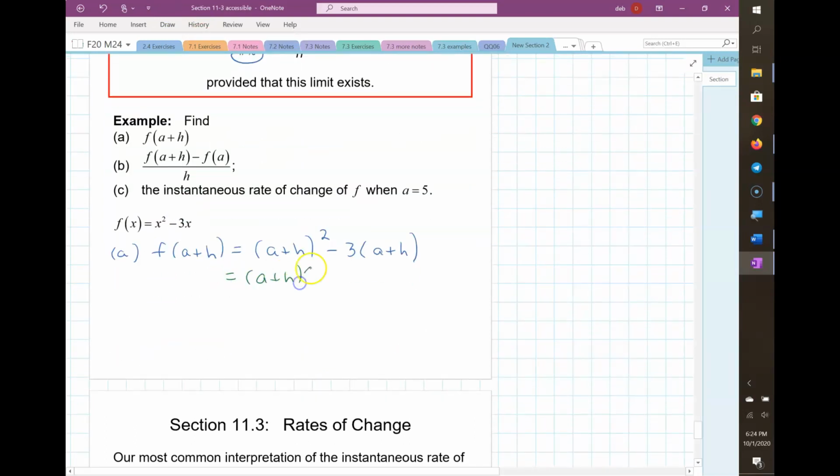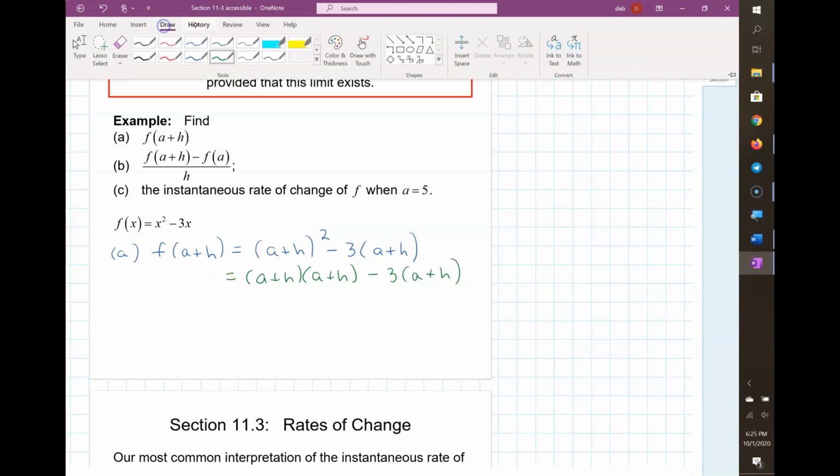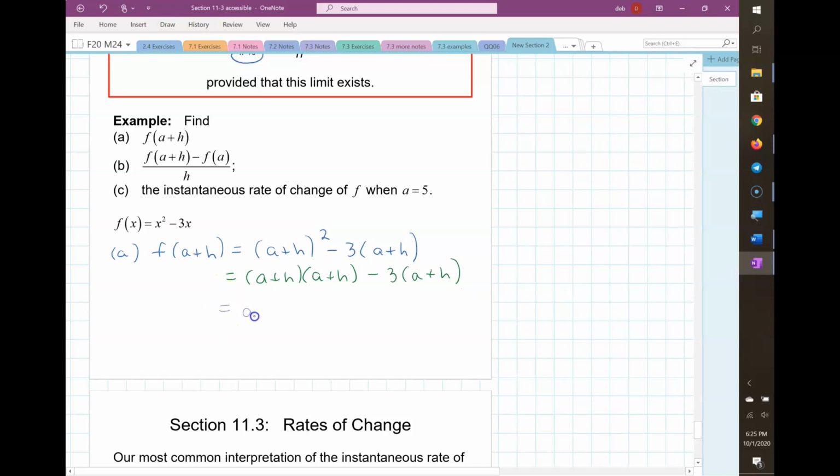So remember that a plus h squared means a plus h times a plus h. So when I square it, I need to FOIL and get a squared plus 2ah, because remember ah and ha are the same, plus h squared minus 3a minus 3h. So that's part A. Just find the f of a plus h.